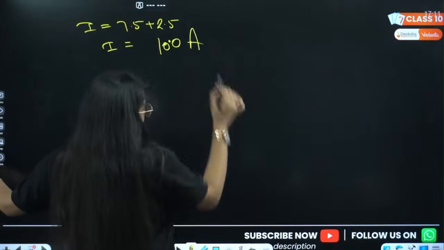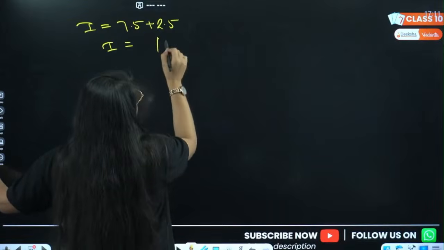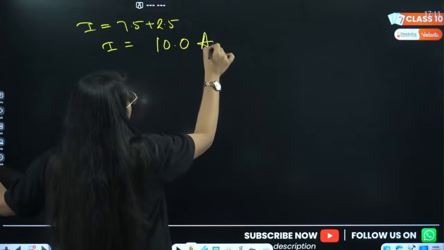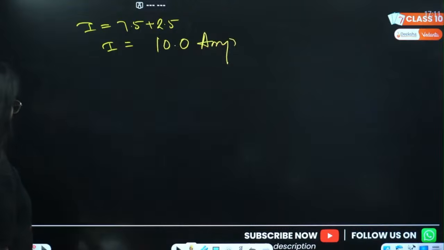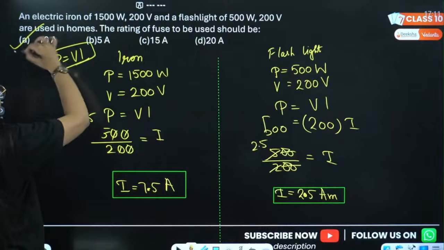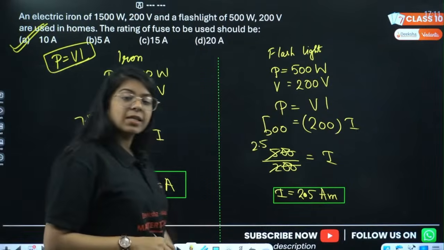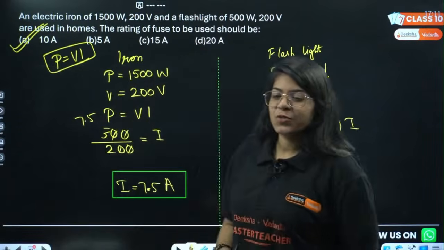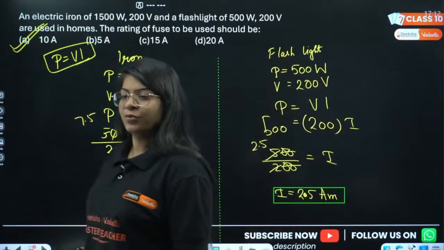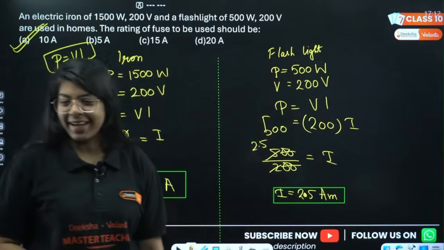Understood? The current is 10 ampere. That means the correct answer is option A, as my champions suggested. Answer is option A, 10 ampere. Very good. You all are doing really great.